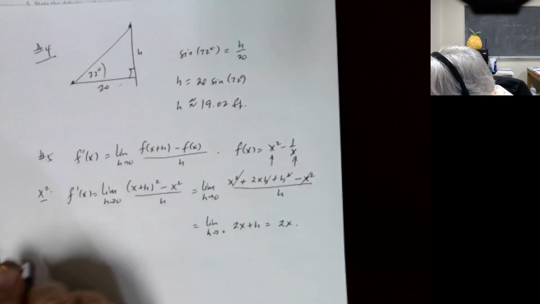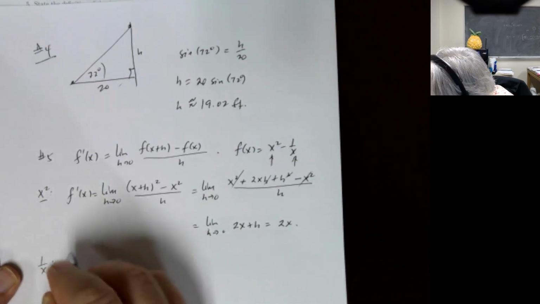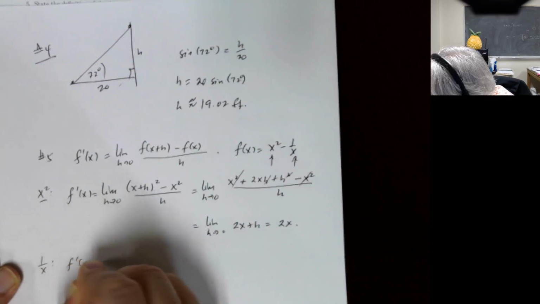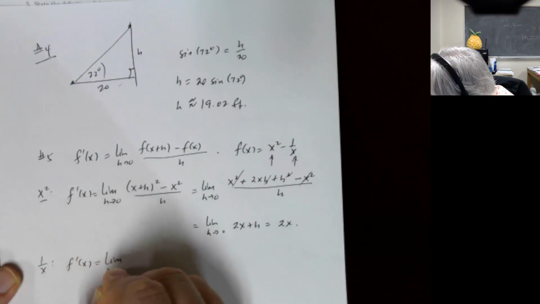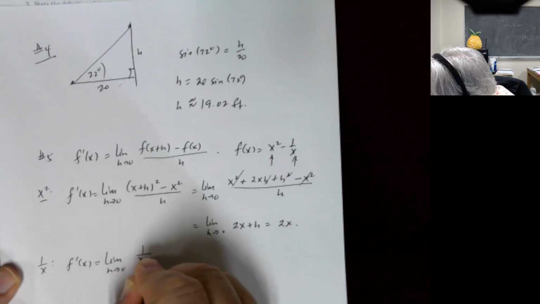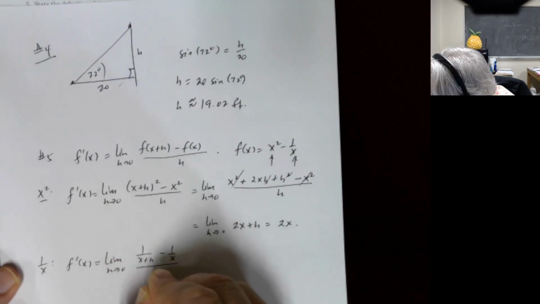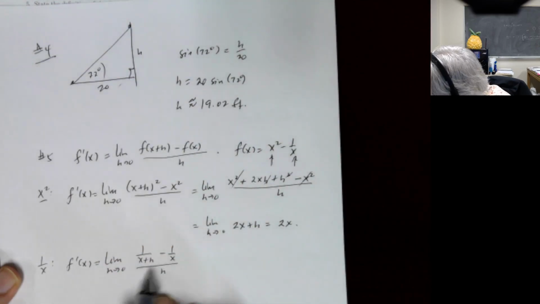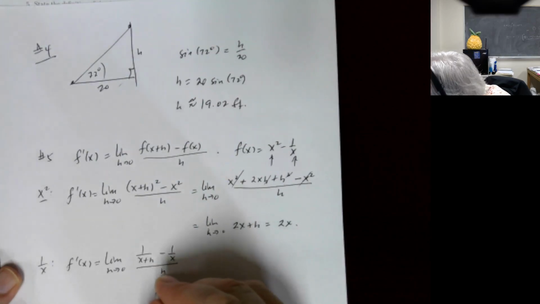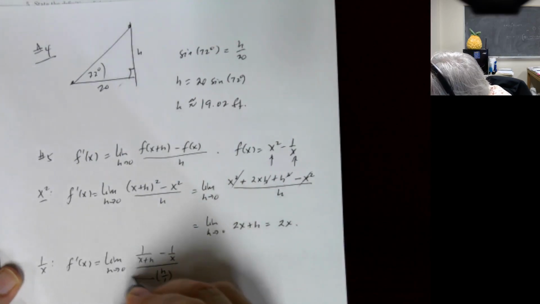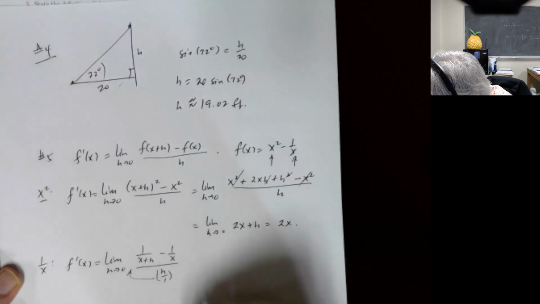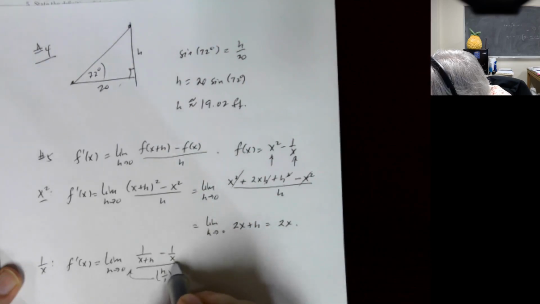Okay, so then for 1 over x, the f prime of x is going to be the limit as h goes to 0 of 1 over x plus h minus 1 over x divided by h. And now, I can bring this out as a 1 over h, and then I want to get these together with a common denominator.